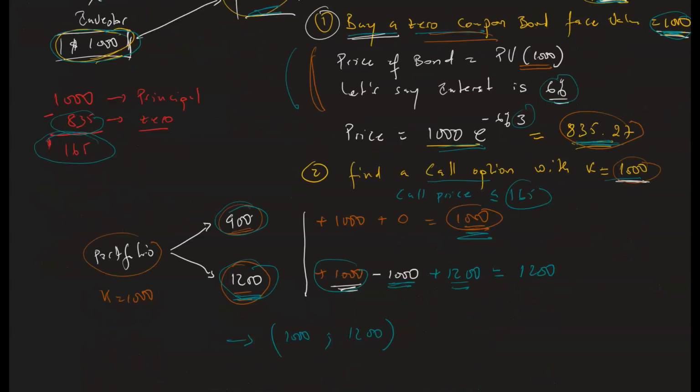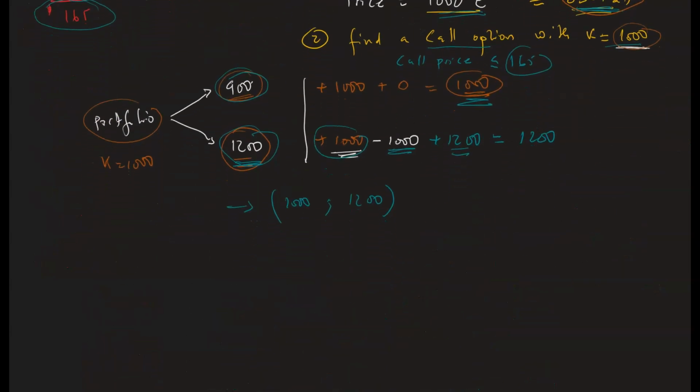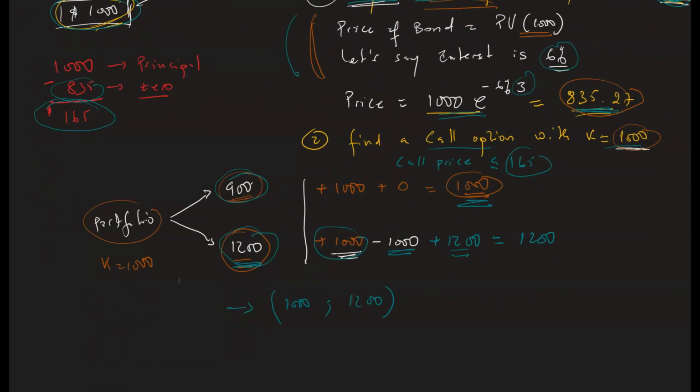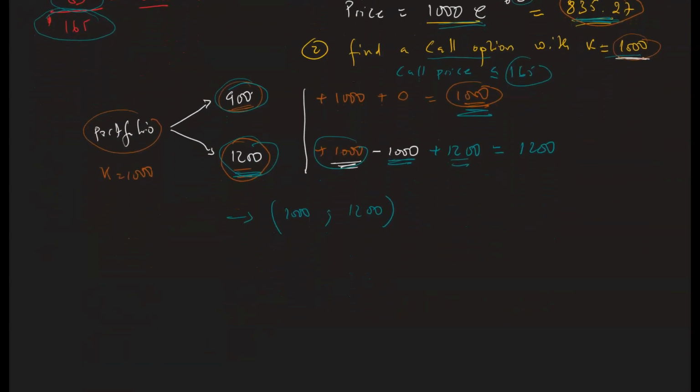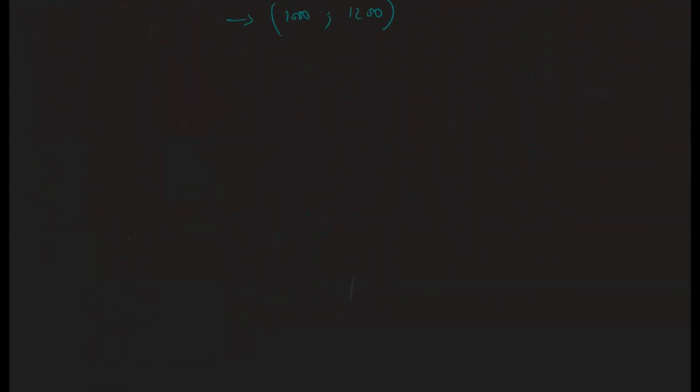Now we're going to touch on the second strategy here in a second. Now the second set of strategies we're going to look at is going to involve a single stock. So this is going to be a single stock, a single option, and a stock.